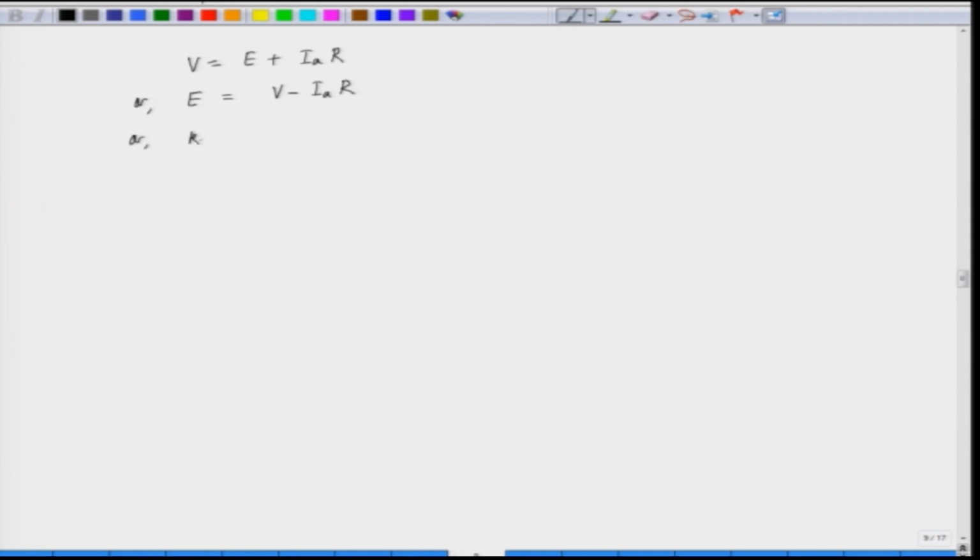Back EMF is K phi into omega m, that is equal to V minus IA R, or omega m, the speed of the motor, is V by K phi minus IA R by K phi. Let us substitute for IA. IA is torque by K phi. So, we finally get this equation with T R by K phi square.